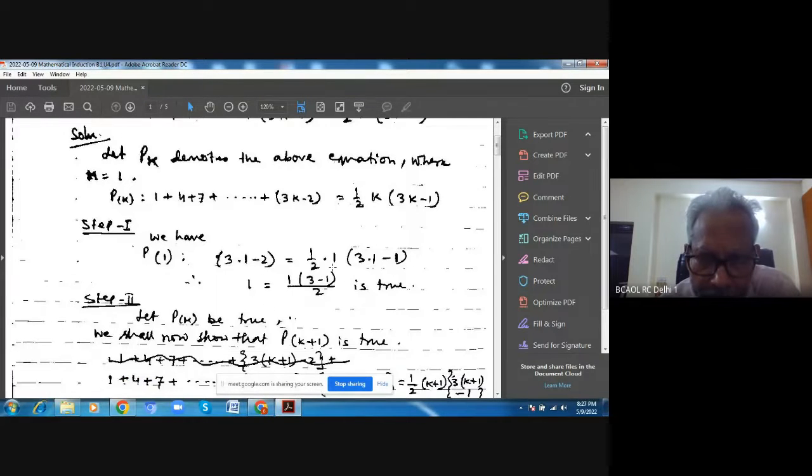Then going to the right hand side, 1 by 2 remains. In place of k you are putting 1, and in bracket 3 into 1 minus 1. Now you solve it.